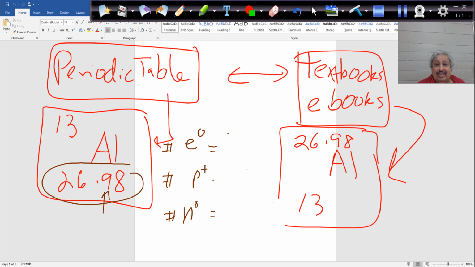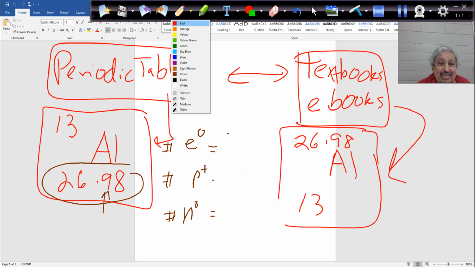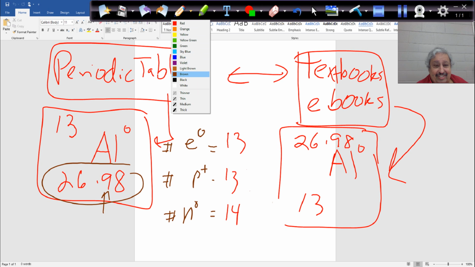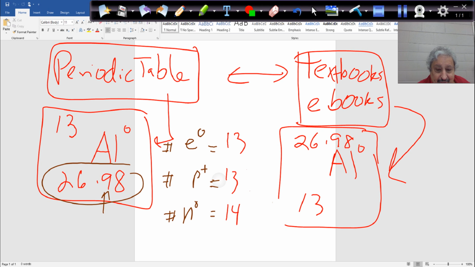I'm saying Al to be neutral, because Al is understood to be neutral since there's no charge. When it's no charge, that means 0. So this is 0, that's neutral. And that's what I had here, 13, 13, and 14. Correct, guys? That's what I had when they are all equal.